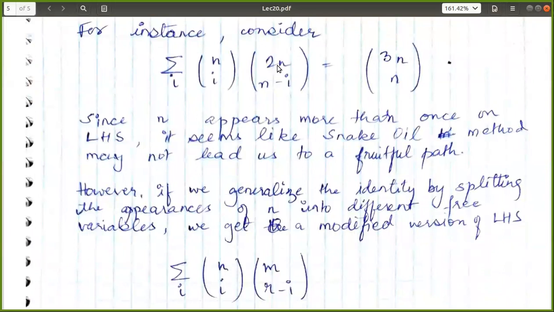For instance, if I let 2n be m, and this n is now replaced as r, as it is. I did not say n minus i is r. I said n itself is r. Then you have this particular equation, and can you solve this with the snake oil method now? Yes, sure. So that is how we deal with series that have the free variable occurring more than once.